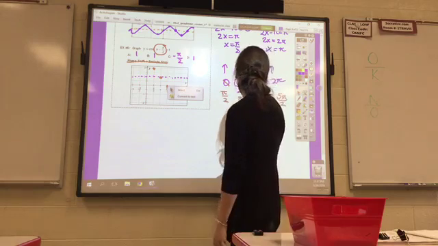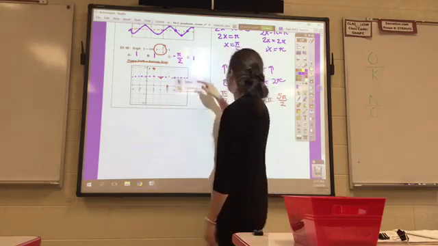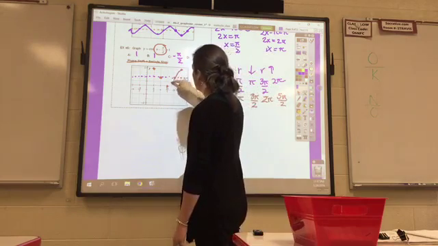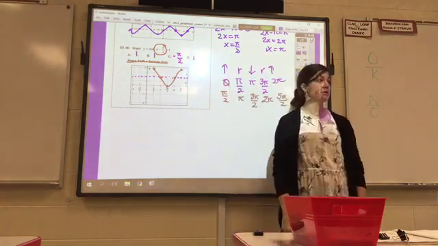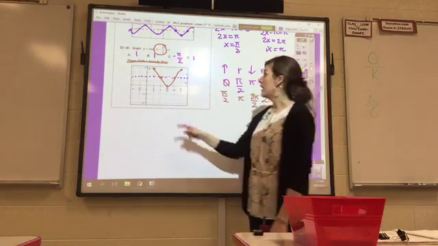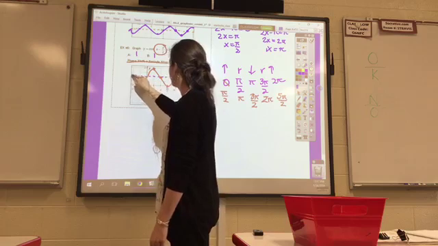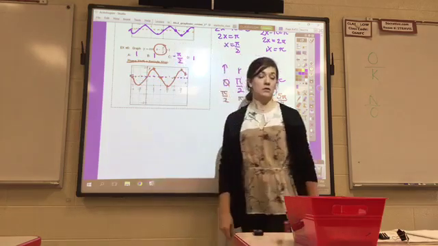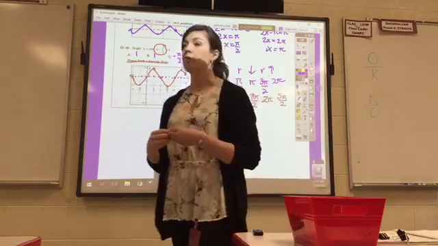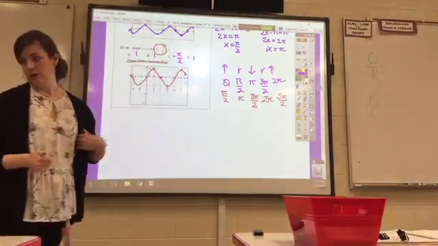I have a root at 2 pi, and at 5 pi over 2, I'm back up again. So this looks like the cosine graph that we did yesterday, right? And then you just keep doing your pattern, and it keeps going. If you can get about 3 points, you're good. Just keep drawing dots. Is everybody okay?